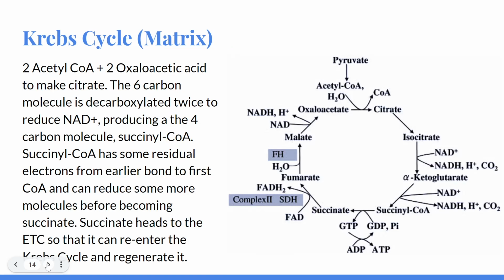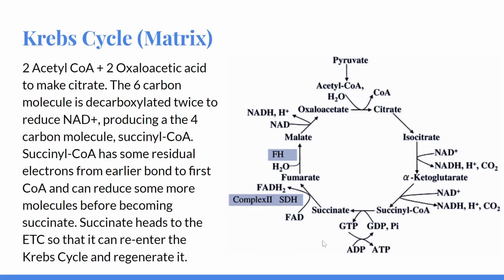So the Krebs cycle can also be called the citric acid cycle. You really don't need to know the specific steps. This is way beyond what the IB would ever ask of you. You just need to know pyruvate, acetyl-CoA, and then multiple inputs of NAD plus to get out high energy NADH molecules and carbon dioxide as a waste product.